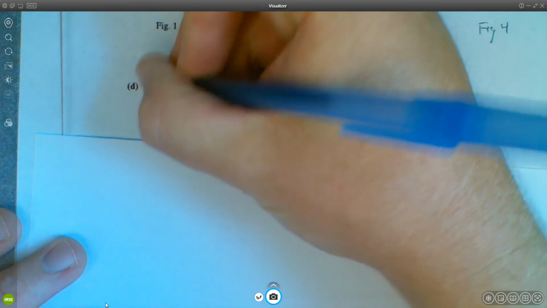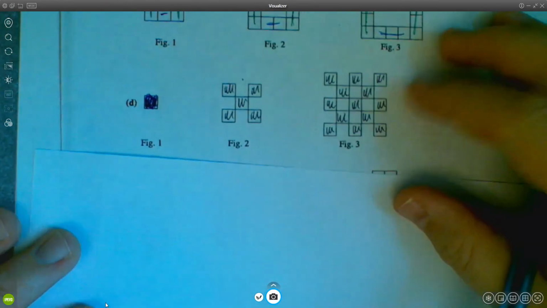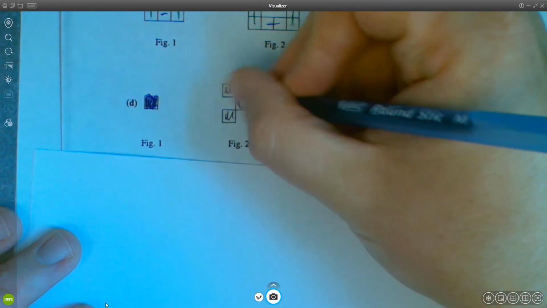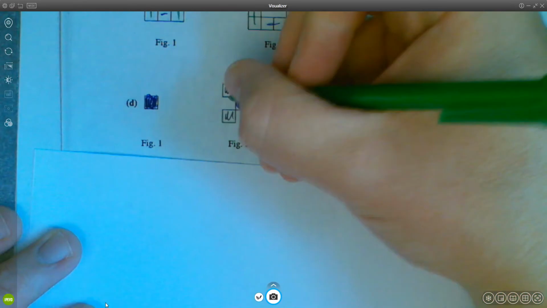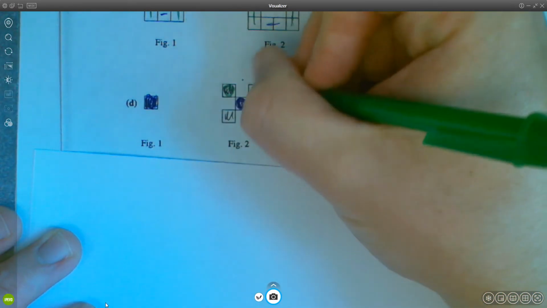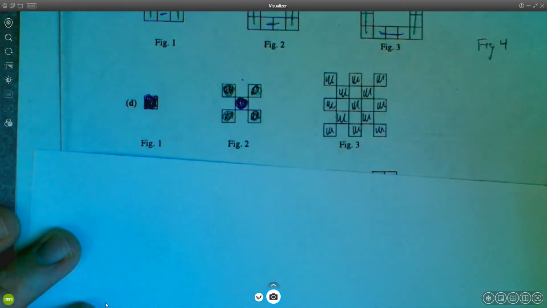So we try to look at it like part A, where we think of that little figure, and then we've got that square again in figure 2, but we're also adding these things around it, okay?